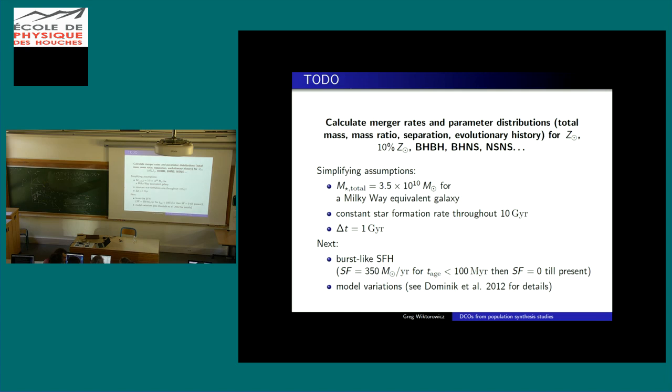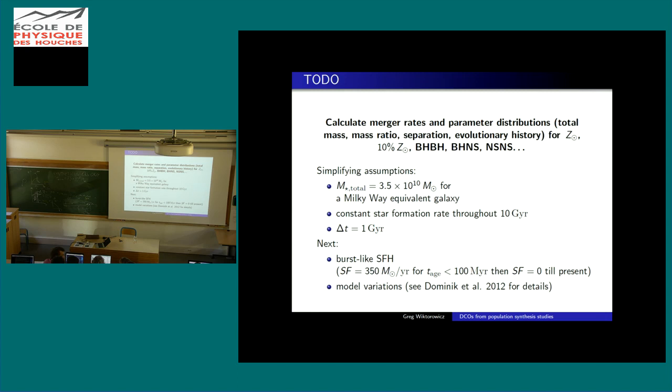So we don't want it to be too large, because the average merger rate throughout 10 billion years may change significantly. And we don't want it too small because of statistical and numerical fluctuations. To make it small, we would need an infinite number of data records to have the correct value.